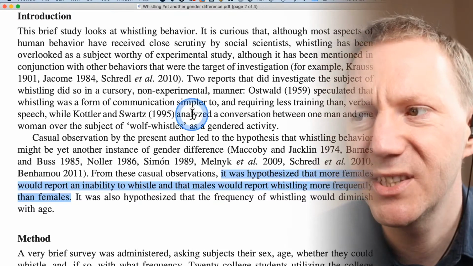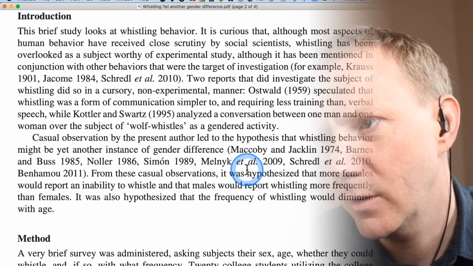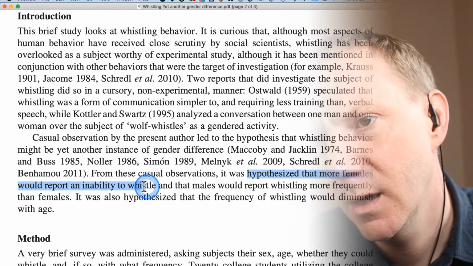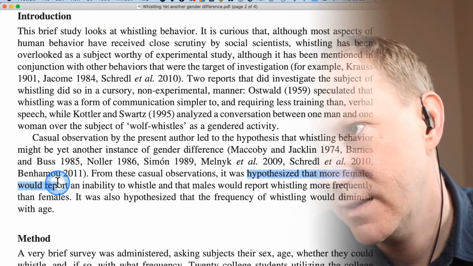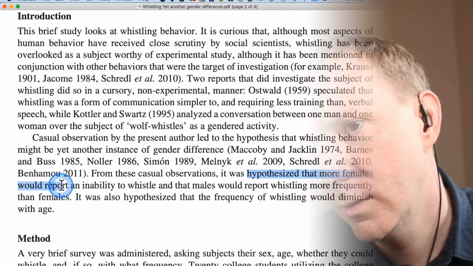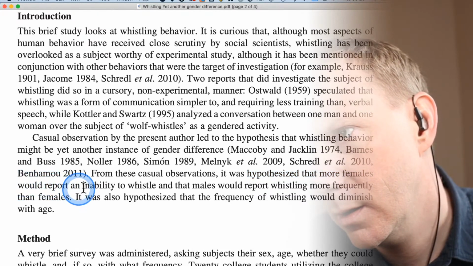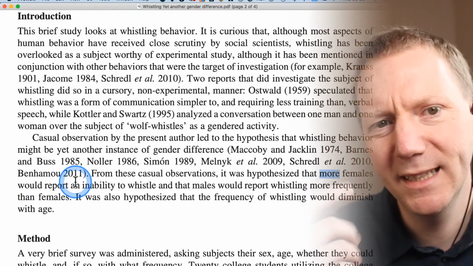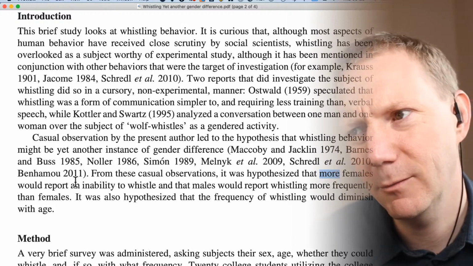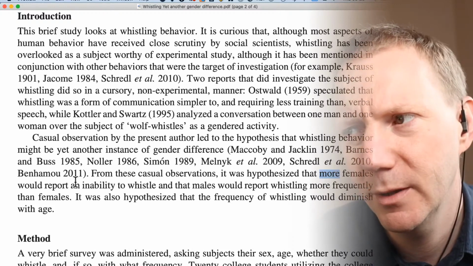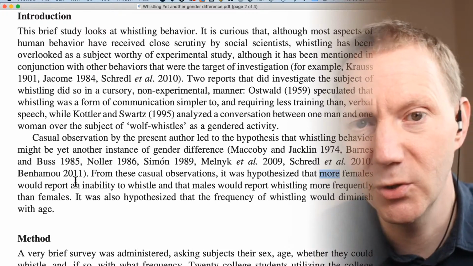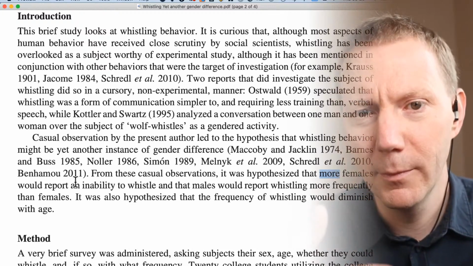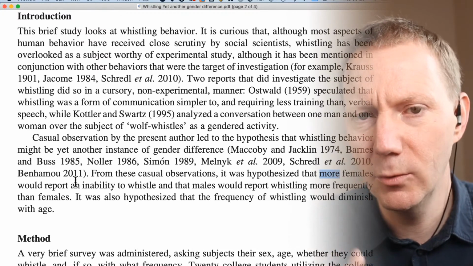I would even state that in terms of stating your hypothesis, it could be more explicit, in the sense that he says more females would report, and it's not clear what he's implicitly saying, because if you say someone reports something more, then I want to know compared to what.